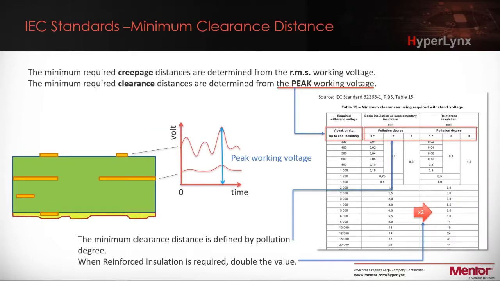Unlike creepage distance, we consider the peak working voltage for clearance. The standard table is shown on the right. By the way, these tables are only applicable if the machinery will be used below 2,000 meters. If the altitude is over 2,000 meters, we need to multiply with a factor.